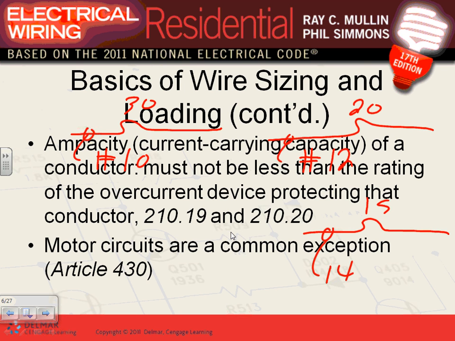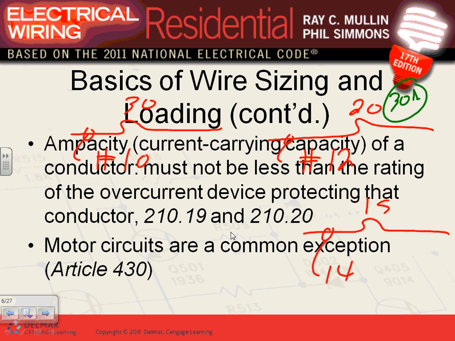And all these are coming from 310.15(B)(16). So they're telling you that you cannot put an overcurrent protection device on a conductor that allows the conductor to be loaded more than what it's rated for. For example, can I take this 20 amp and call it all of a sudden 30 amps and put it on a number 12? No.